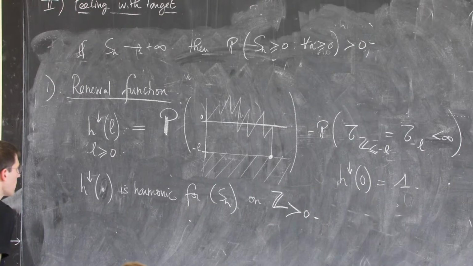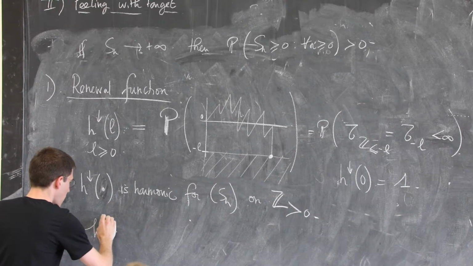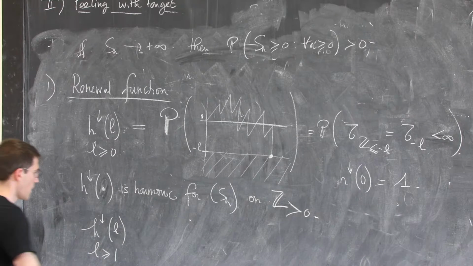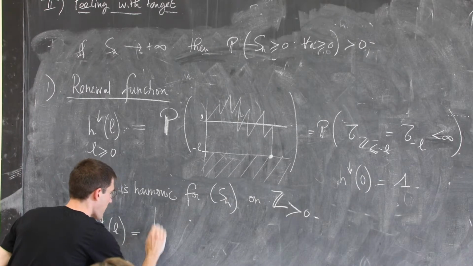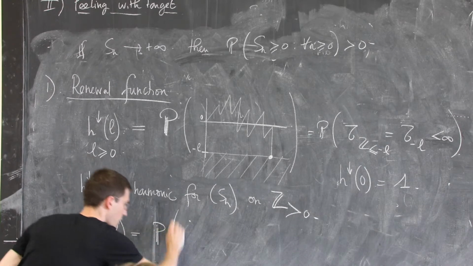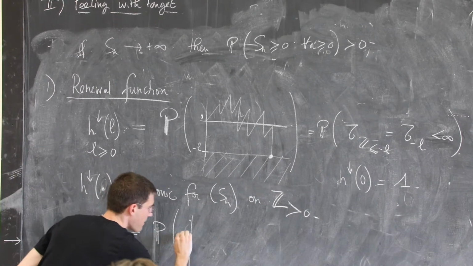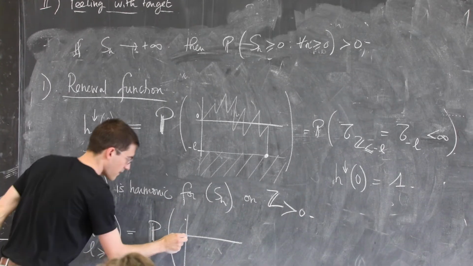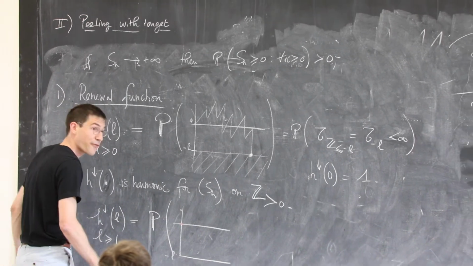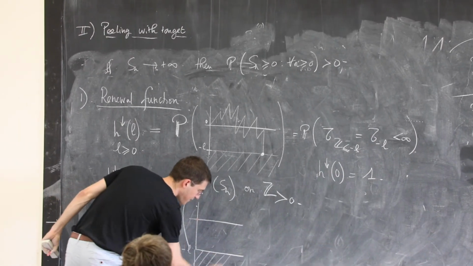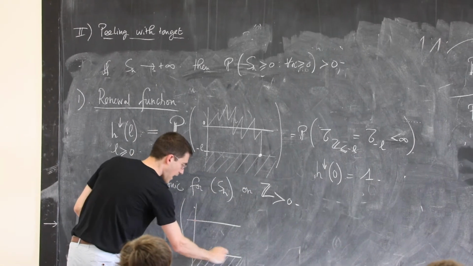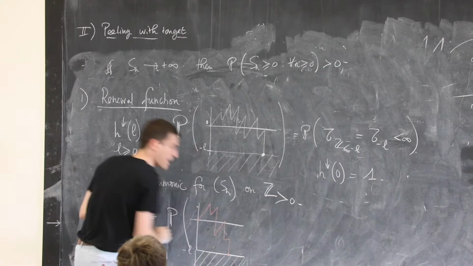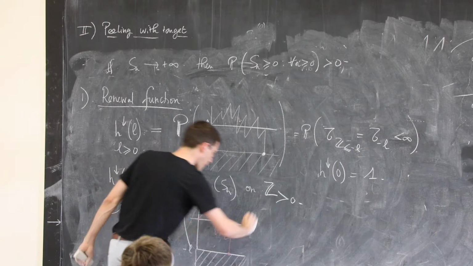Why? Well, okay, let's write. What is h of L for L larger than or equal to 1? This is the probability, so let me do a drawing. You've got your minus L here. That's the probability that when you start here, the first time you enter this half space is actually via the top.